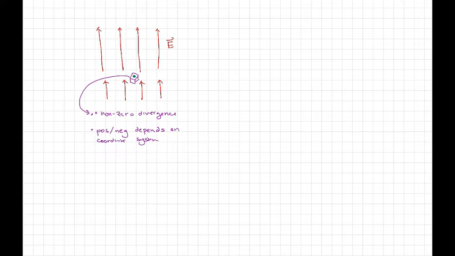All right. But let's think about another kind of vector field that doesn't change as we go up the page here. So this is just a constant electric field. I'll make sure it's clear that it's constant. In this case, if I were to draw my point and put my little box around that point, I want to think about how the flux is changing throughout that box.